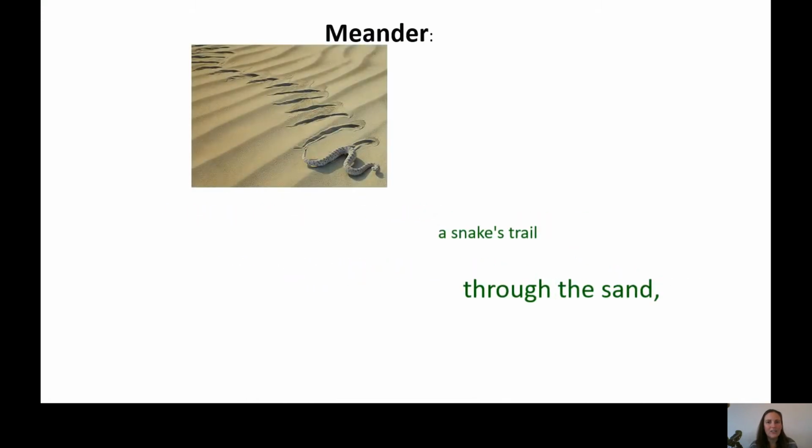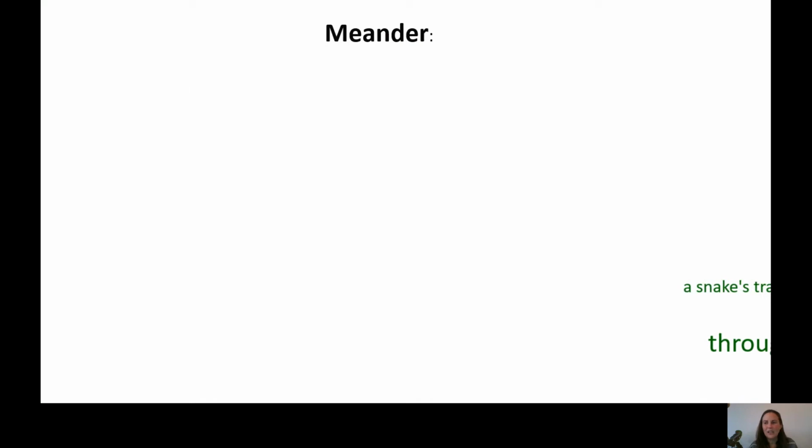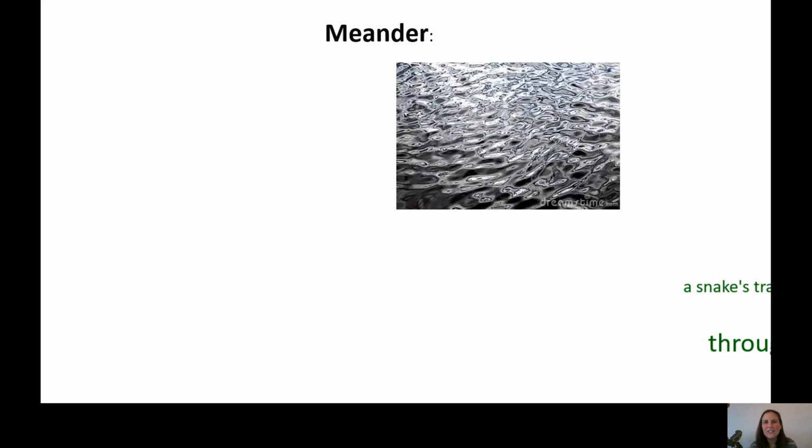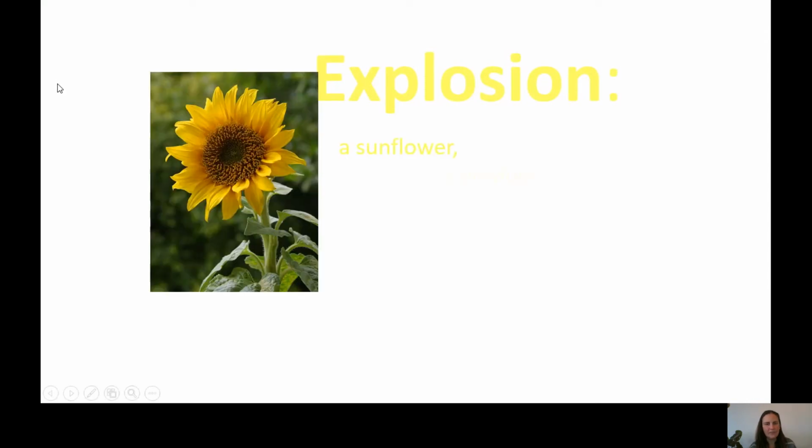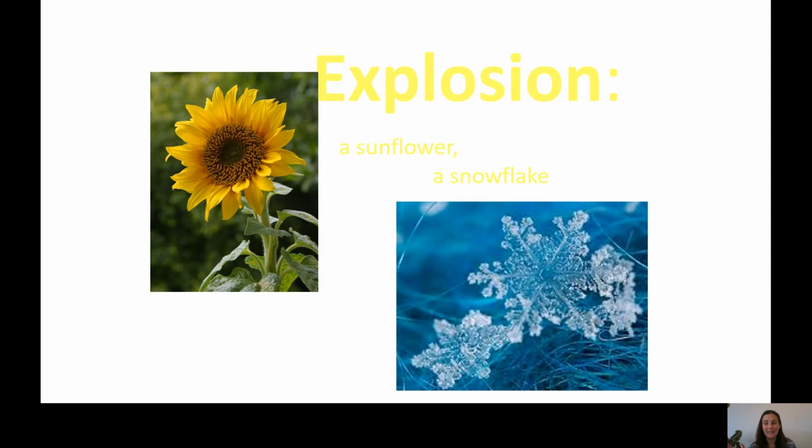So we've got the meander pattern, a snake meandering through the sand and ripples in the water. An explosion pattern. So we've got a sunflower, and often lots of flowers have this kind of explosion pattern, and a snowflake.